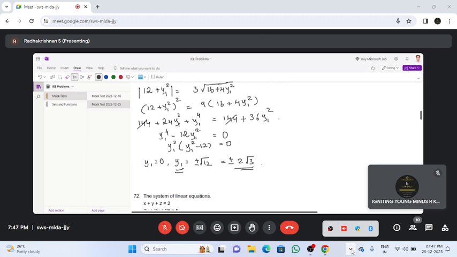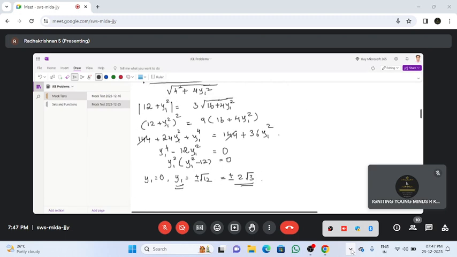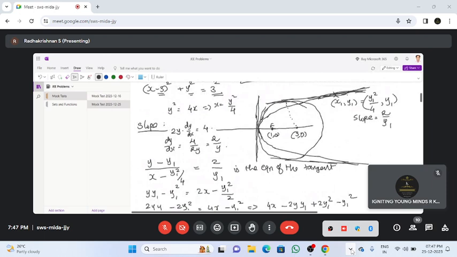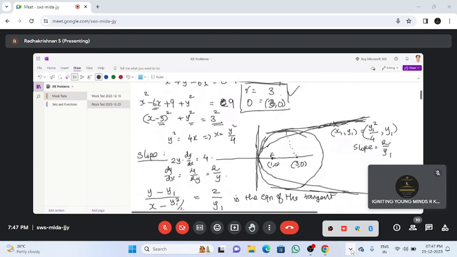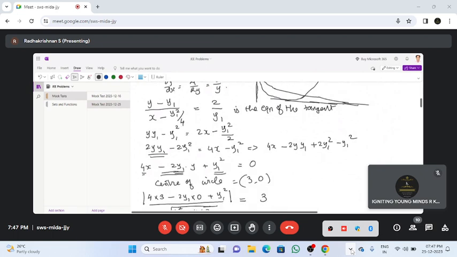So the equation of the straight line number 4, that's what they want, right? The equation of the common tangent. So what is the equation of the tangent? That is here. This is the equation of the tangent.